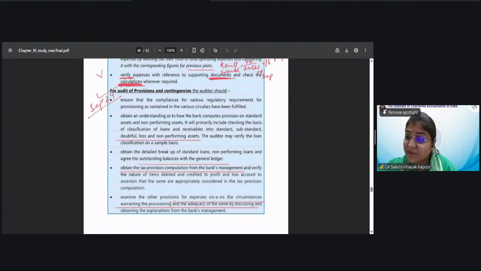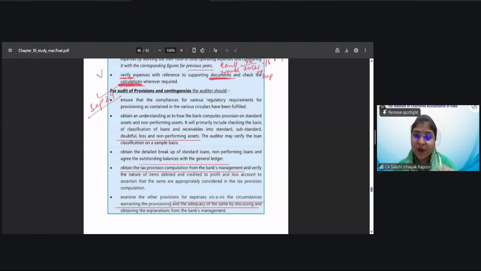Then in respect of other expenses, you will see whether provision for other expenses has been examined considering the circumstances. Whatever circumstances were there, is the provision being made for that? Okay. For example, you will see what was the provision made for the month of March for rent.